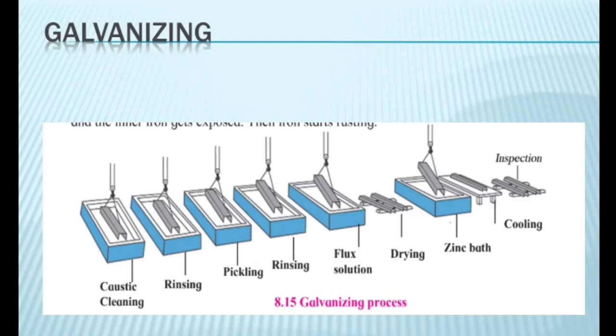For example, shining iron nails, pins, etc. In this method, corrosion of zinc occurs first because zinc is more electropositive than iron. After a few rainy seasons, the zinc layer goes away and the inner iron gets exposed. Then iron starts rusting.